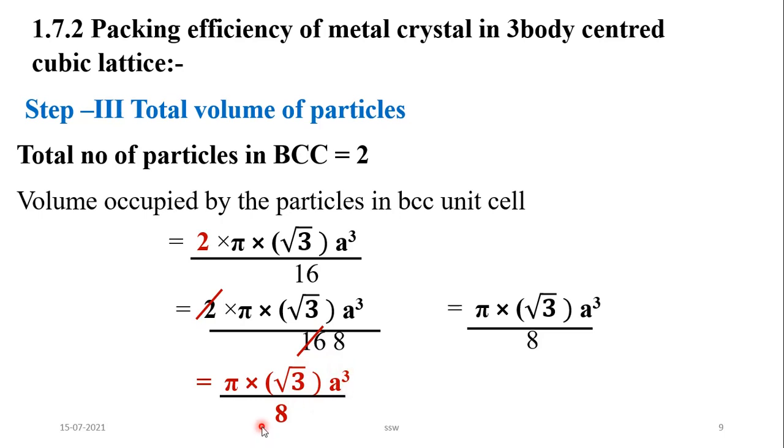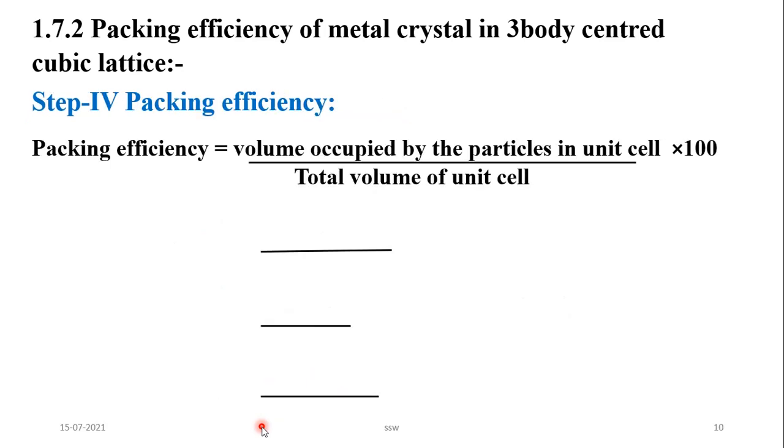Now the fourth step is what? Packing efficiency. Packing efficiency means the volume occupied by the particles in unit cell divided by total volume of unit cell into 100. Now just now we have calculated volume occupied by the particles in unit cell, and the total volume of unit cell is how much? A into A into A, that is A cube.